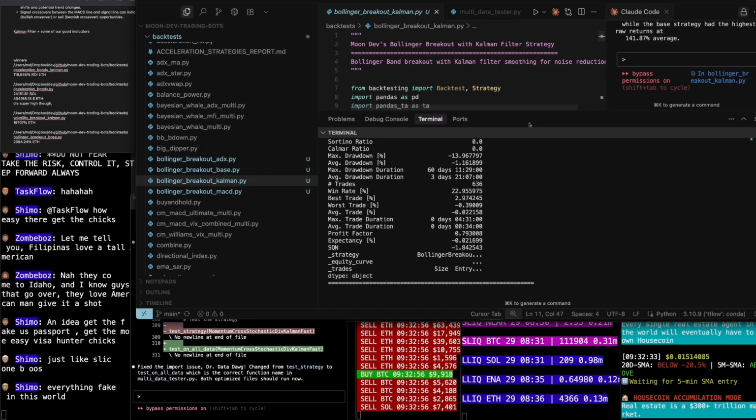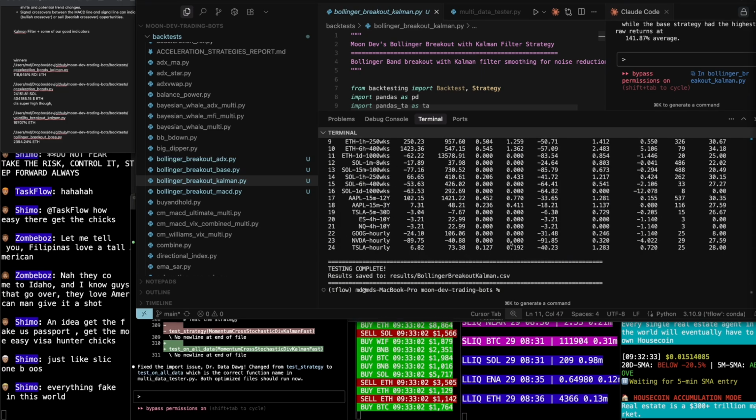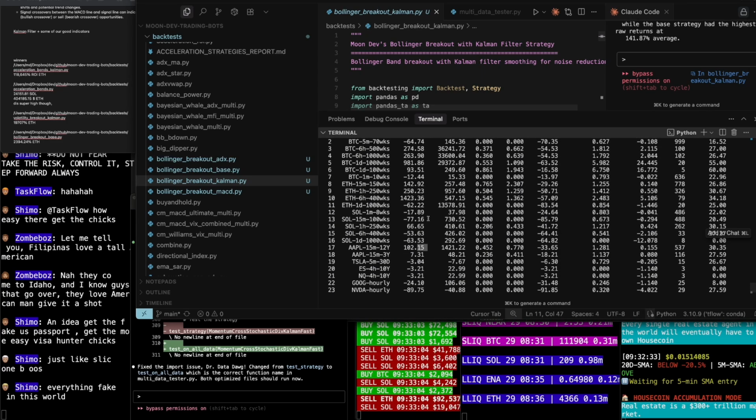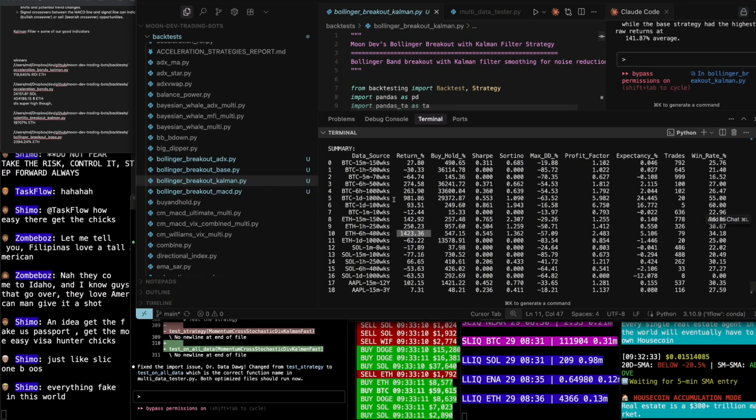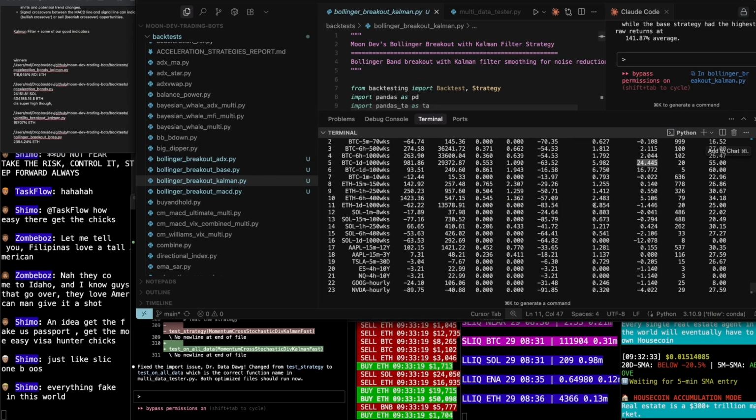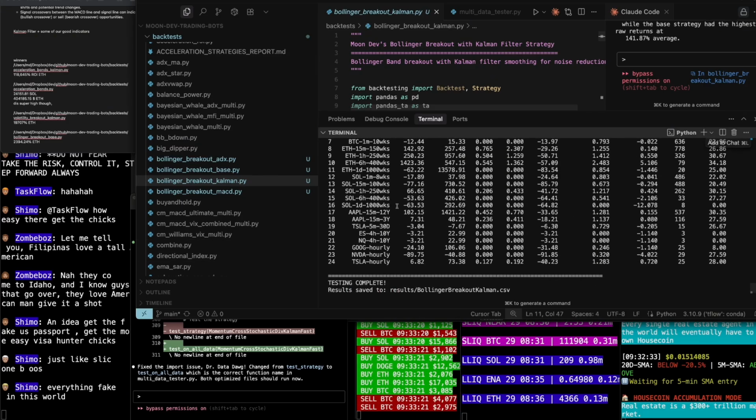Expectancy of 16, sheesh. But Sortino is 0, that's weird. 102, 1,423% here for ETH. 981 profit factor. Expectancy is crazy here. 102.